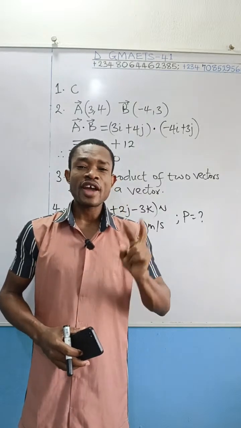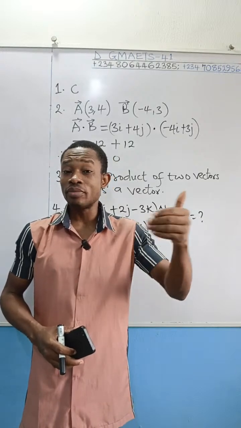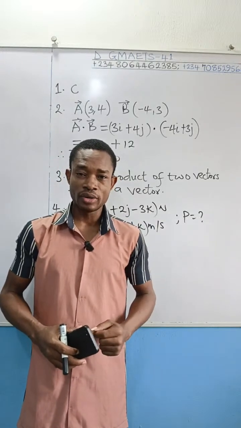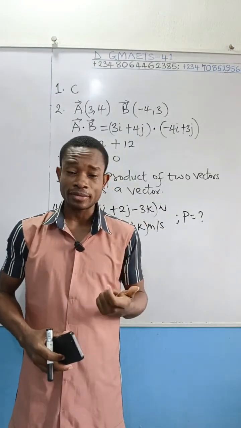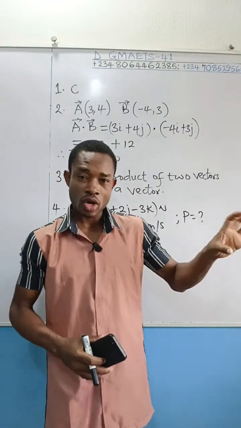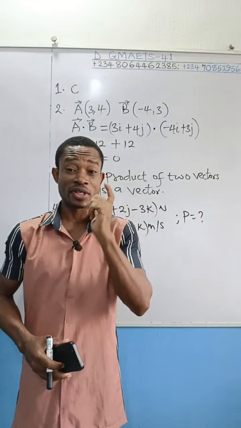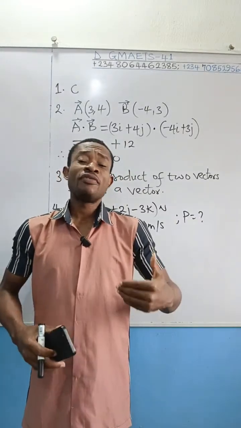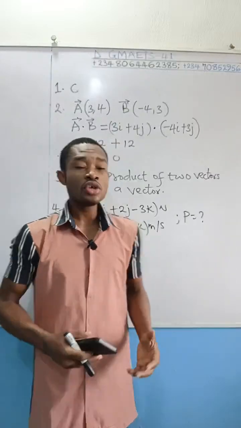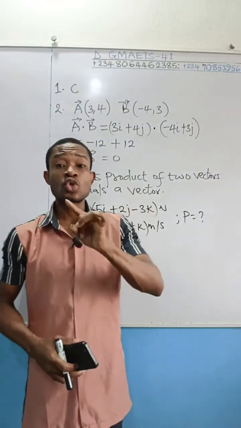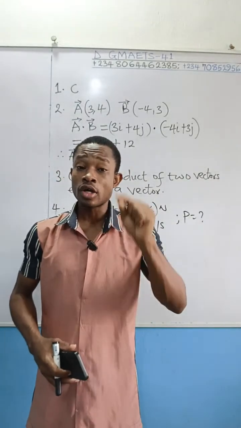If I give you two vectors and I ask you to find a quantity that is a scalar, you do their dot product so that you get a scalar. If the quantity I ask you to find is a vector, you are meant to do cross product.